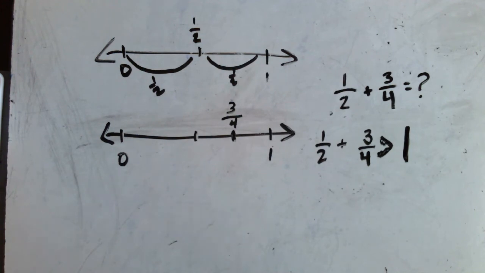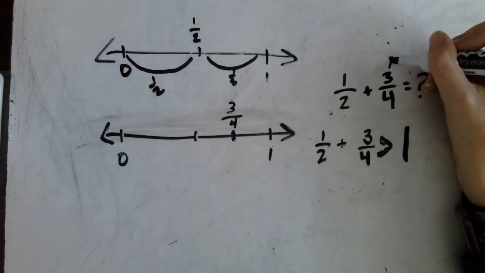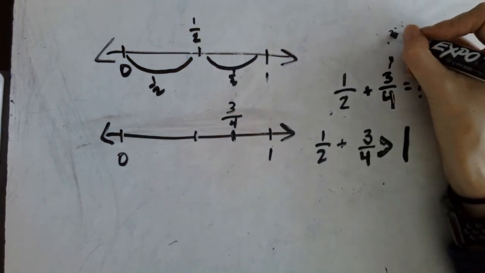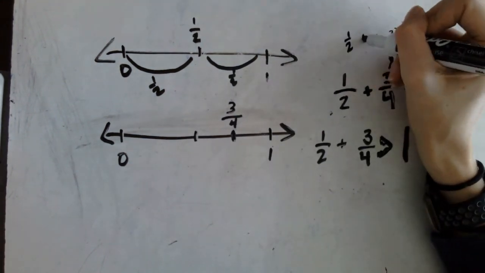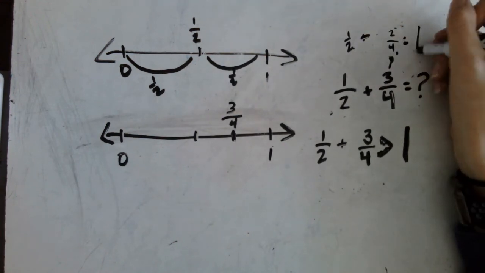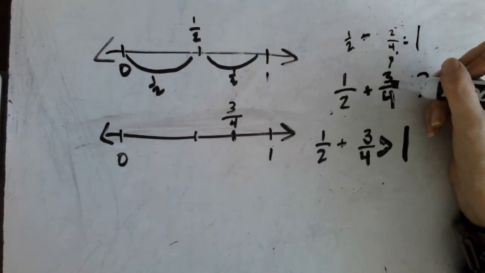If we were to solve this problem, let's go through and figure it out. Before, we talked about 3/4, we know is bigger because 1/2 of 4 is 2/4. So if we had 1/2 plus 2/4, that's like 1/2 plus 1/2. That gives us 1. But we still have something left over down here.